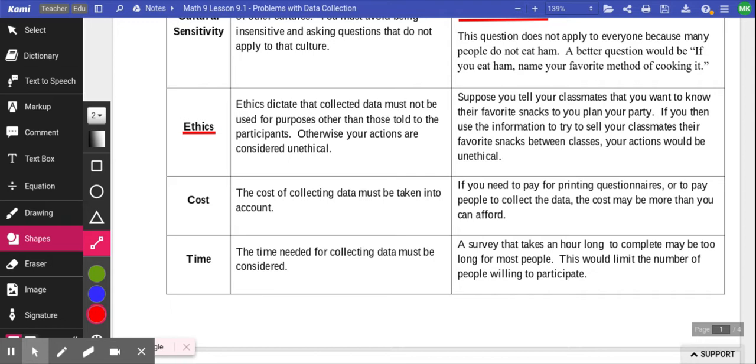A big one for this is data collection doesn't always have to be about surveys. It can be other types of data. It could be scientific data. And ethics in science is very, very important. So for instance, back in World War II, when Nazi Germany existed, they did lots of scientific experiments on people to test the body and see how it reacts to certain situations. And they collected a lot of data, and some of that scientific data would have actually been useful.